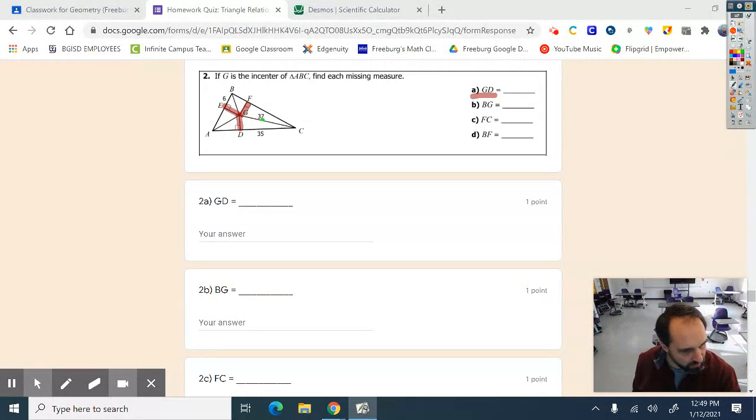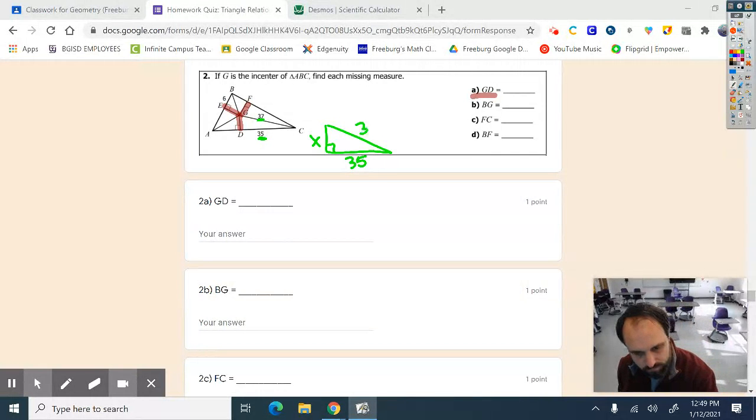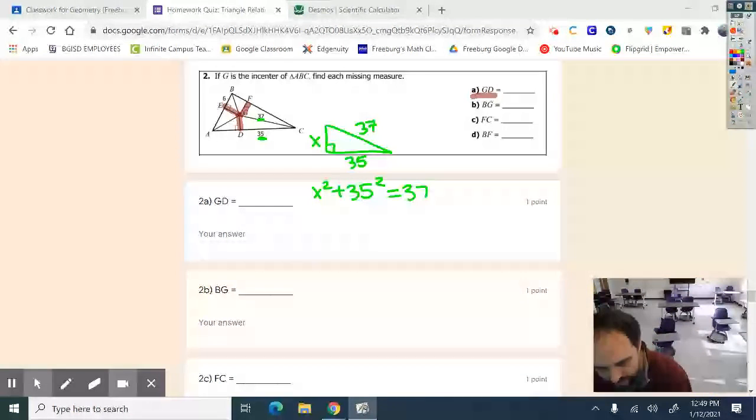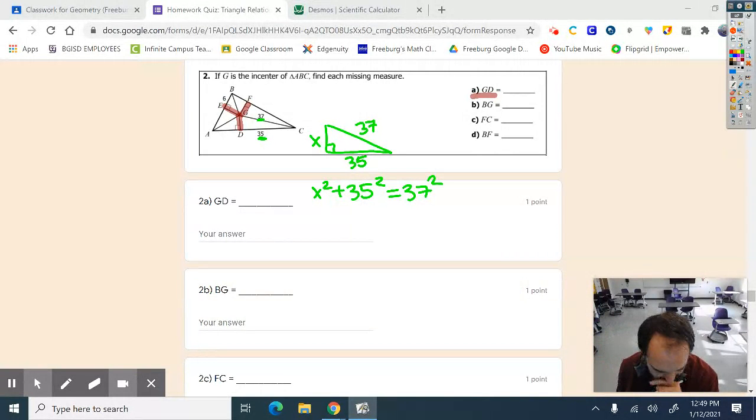I do have these numbers, so I'm going to use that part of the triangle to help me, because if I can find one of them, I find all of them. So x, 35, 37, and they actually did ask us for GD, so that's helpful. So x squared plus 35 squared equals 37 squared. Those are nice big numbers, aren't they?